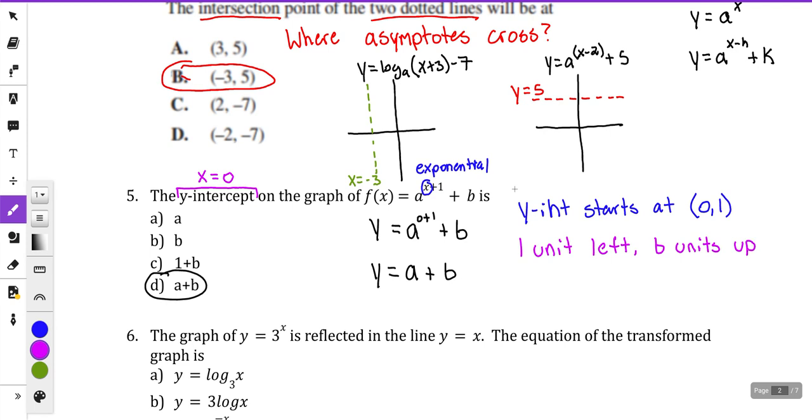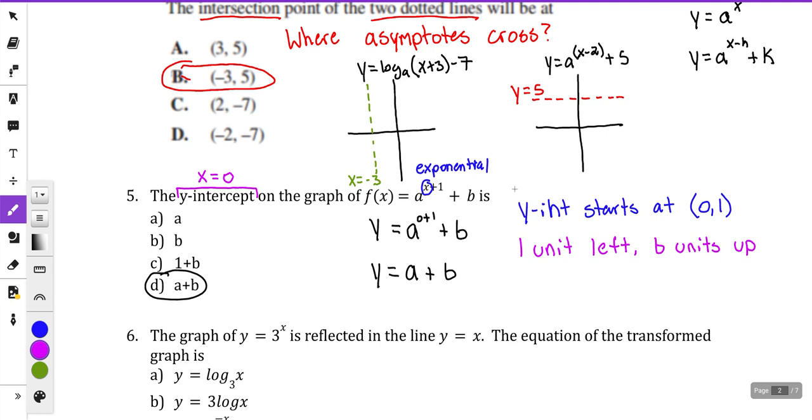That's a 1 unit left transformation. And it's plus 1, but because it's horizontal, it's the opposite. So this is minus 1, 1 to the left. This is a vertical transformation. If this was a number, I would say it went 2 units up, but we don't know that value, so we say it went b units up.